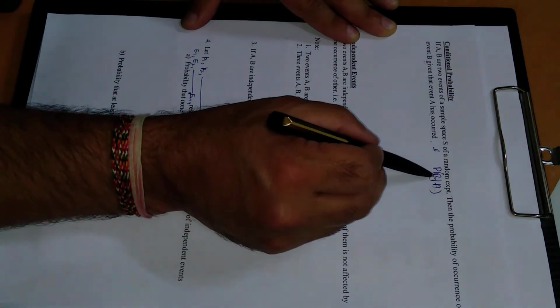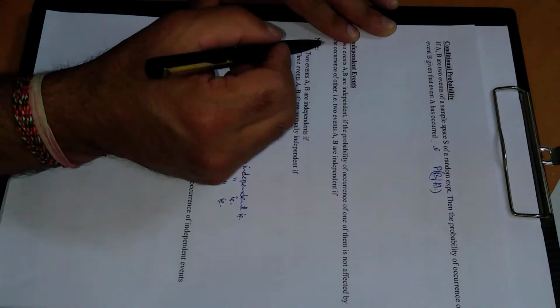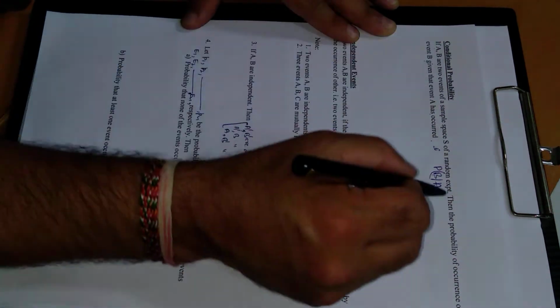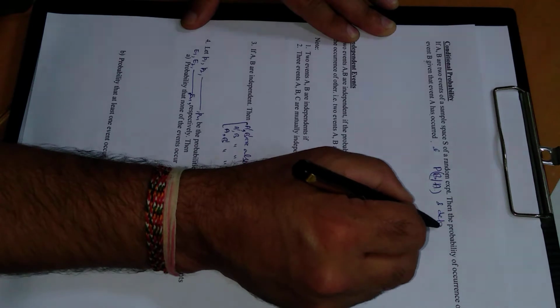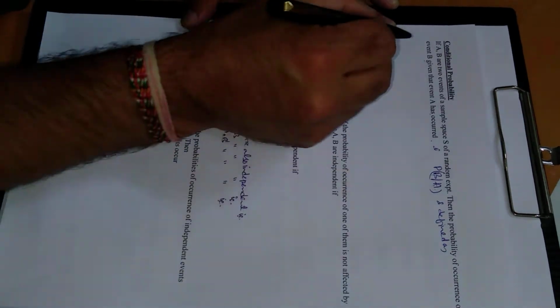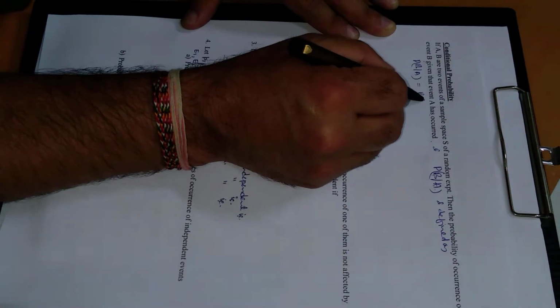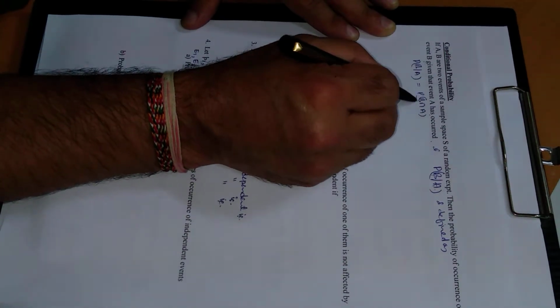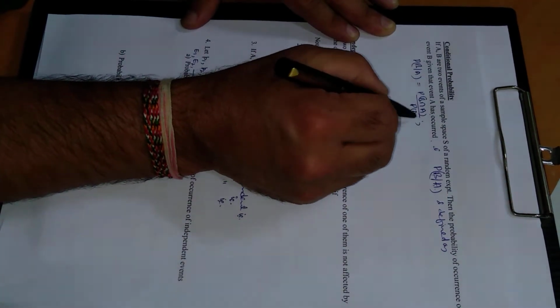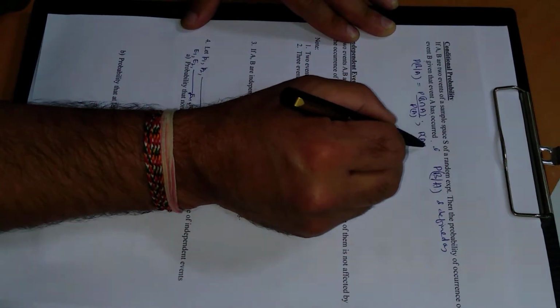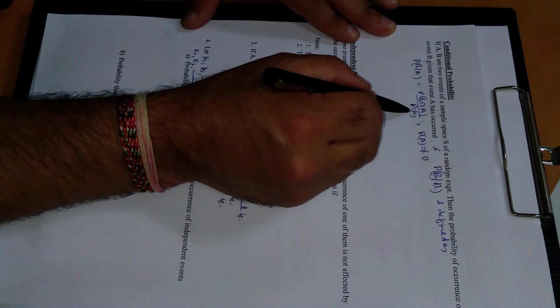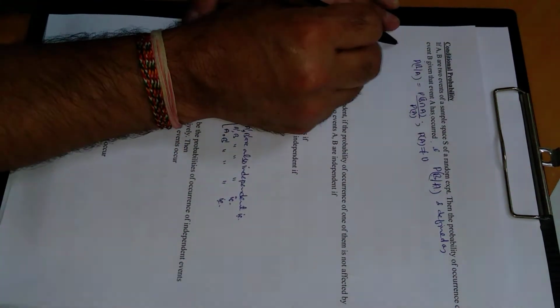So clearly the probability of B is affected by A. This is conditional probability and is defined as the probability of B when A has already occurred, equal to the probability of B intersection A divided by the probability of A, provided the probability of A is non-zero, because this type of ratio is only defined when the denominator is non-zero. So this is conditional probability.